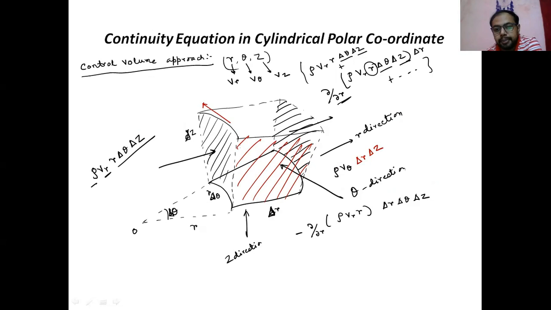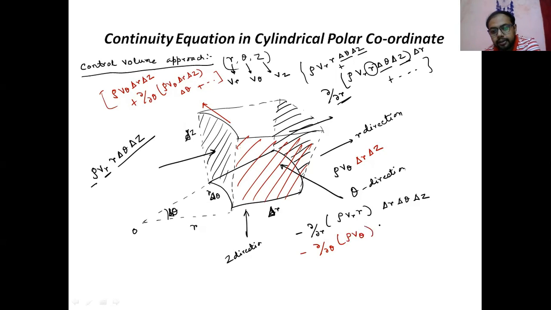That is rho v theta del r del z plus d theta of the total term, plus higher order terms. We are not considering higher order terms here. So along the theta direction, this will come as minus d/d theta of rho v theta del r del z.